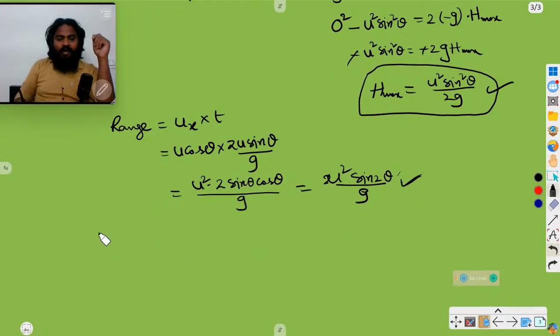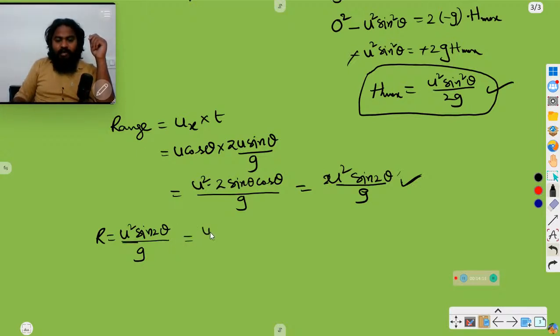Range is u square sin 2 theta by g, not sin square theta. This is the formula for range.